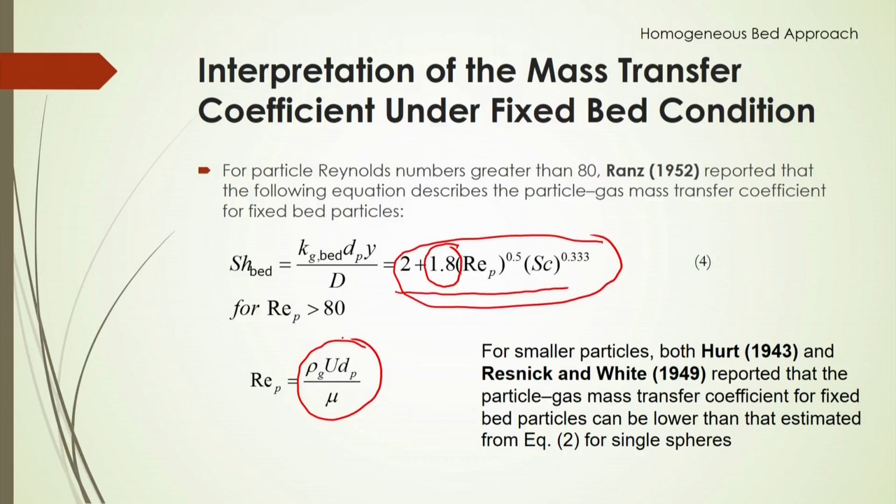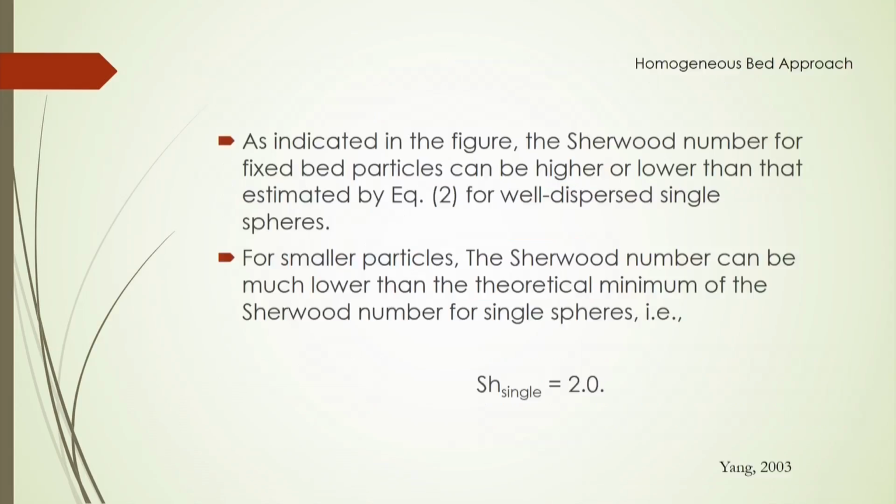For smaller particles, both Hurt 1943 and Resnick and White 1949 reported that the particle-gas mass transfer for fixed bed particles can be lower than that estimated from equation 2, given earlier for a single particle.